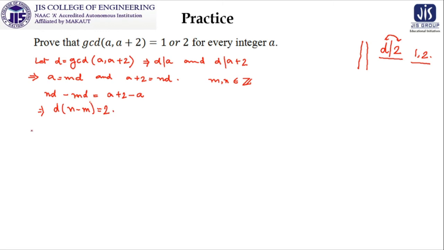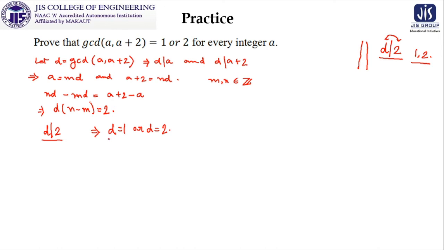So from this, what conclusion can we take? That D divides 2. Now if D divides 2, then what are the available cases we can get? That D will be equal to 1 or D will be equal to 2, as D divides 2.